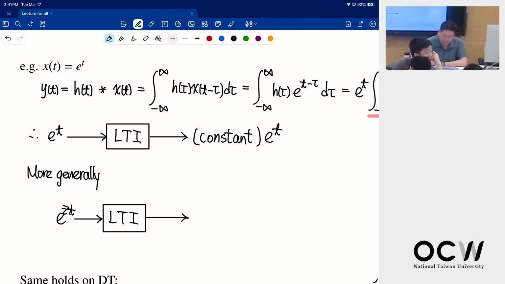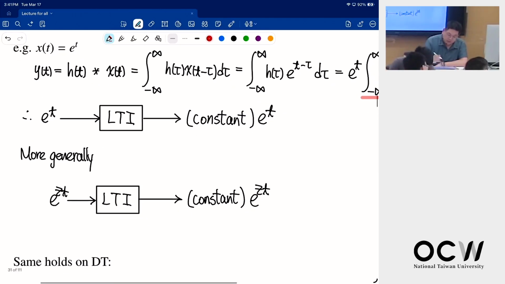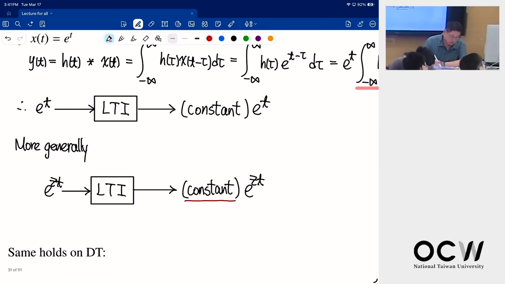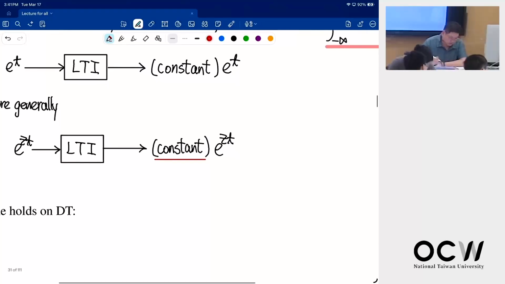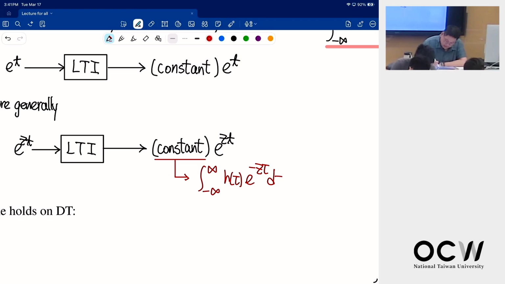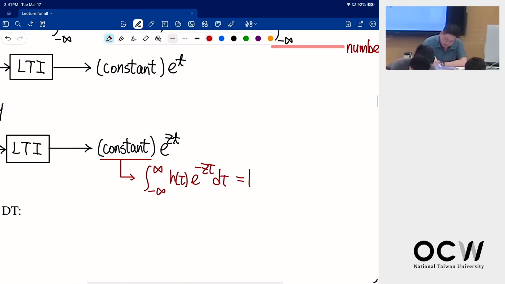I should have e to the zt times a constant. And what is the constant here? This constant is the integration of h tau e to the minus z tau d tau. And we say this is the system response, h of z.